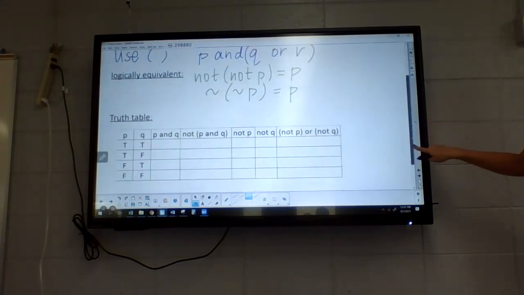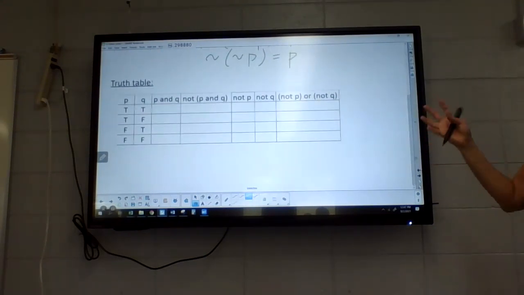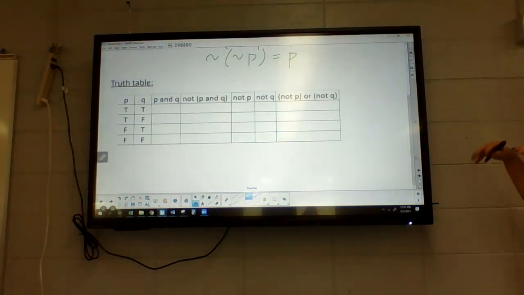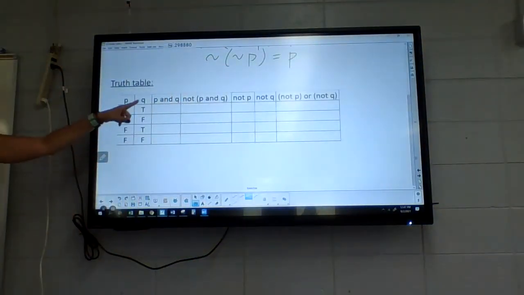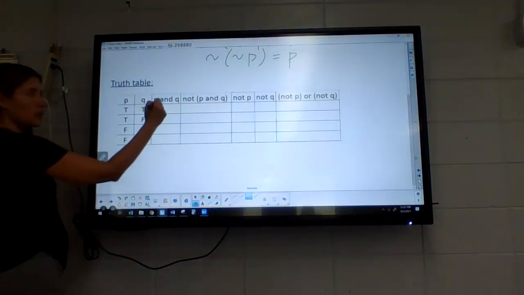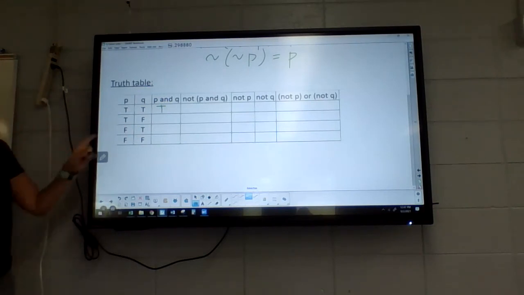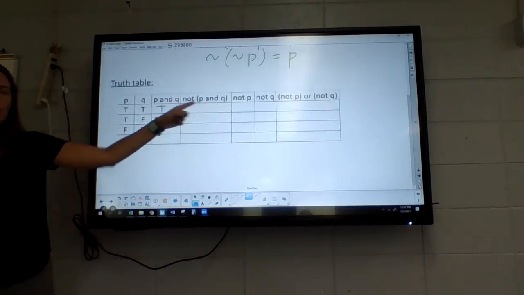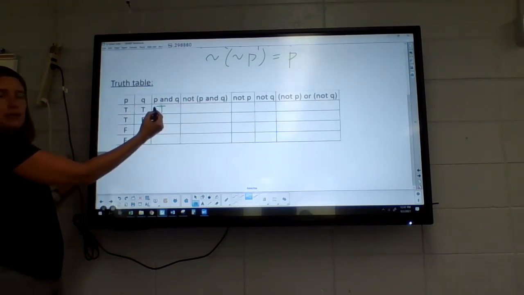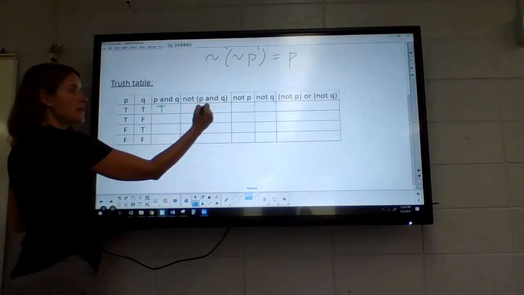Okay, so we're going to do this truth table just to work a little bit with the parentheses and talk about that. I'm going to do the top row with you and see if you can fill in the rest. We talked about this with true, P and Q, then would also be true. Now this is saying not P and Q, so you're doing the opposite of P and Q. So that's going to be false.